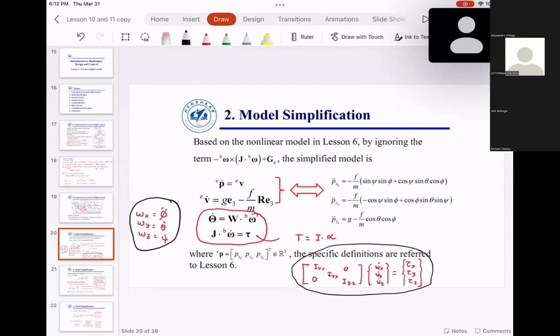Can you see that here, this psi is indicative of yaw, phi is indicative of roll. So when a quadcopter is going to go forward, or when the quadcopter is going to go sideways, there will be some type of coupling between the roll and the yaw.